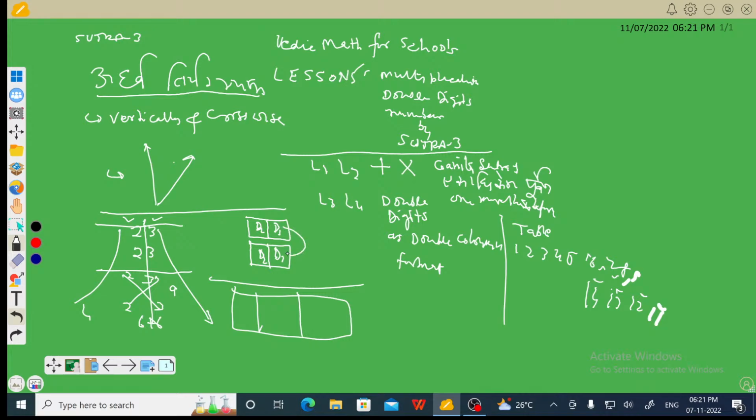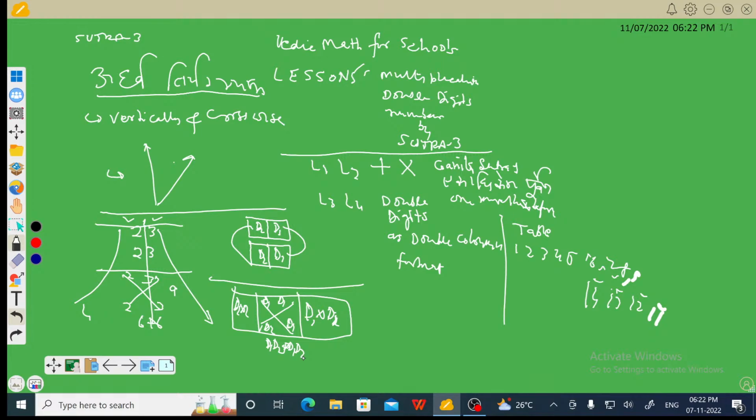Here we'll do multiplication of D1 with D1, here we'll have D2 multiplied by D2, and here we'll have 2 times multiplication, D1 with D2 and D2 with D1. So here it will be D1D2 plus D1D2.